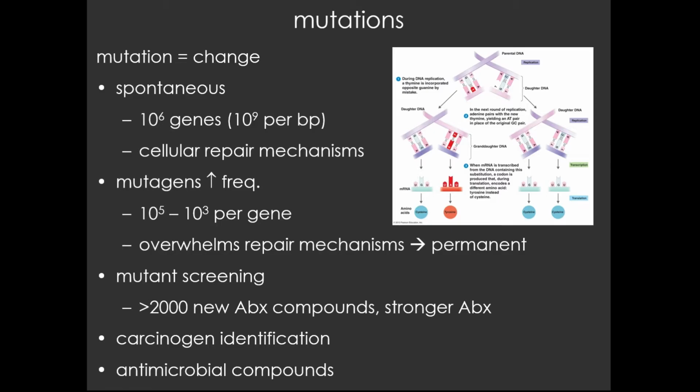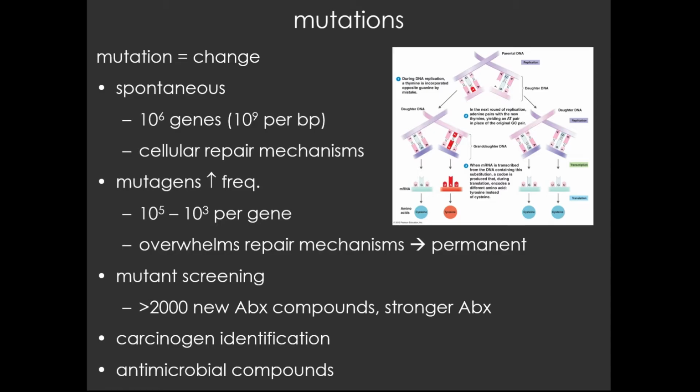For instance, through mutant screening, over 2,000 antibiotic-like compounds have been discovered, and stronger antibiotics have been developed than the wild-type forms. For instance, we now have a penicillin which is 1,000 times stronger and more effective than the penicillin that was first discovered in the 1920s.